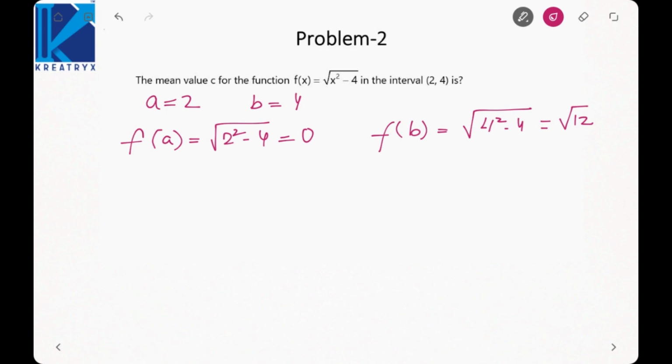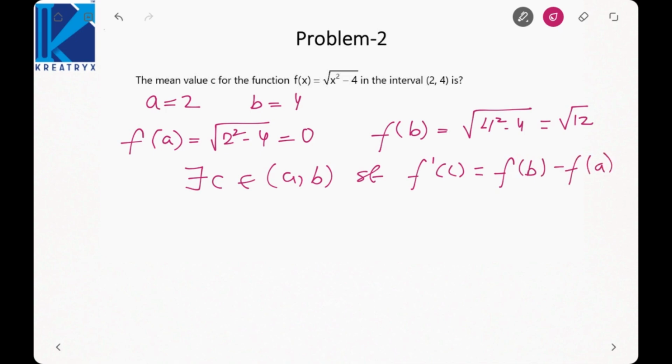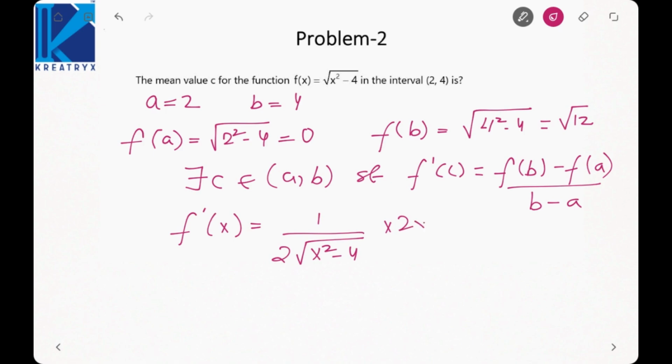What does Lagrange's mean value theorem state? That there exists a point c belonging to (a, b) such that f dash c will be equal to (f(b) minus f(a)) over (b minus a). Now if you take the derivative of this function, it will come out to be 1 by 2 under root x square minus 4 into 2x, which will be x upon under root x square minus 4.